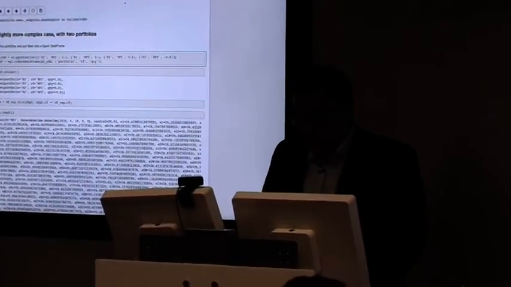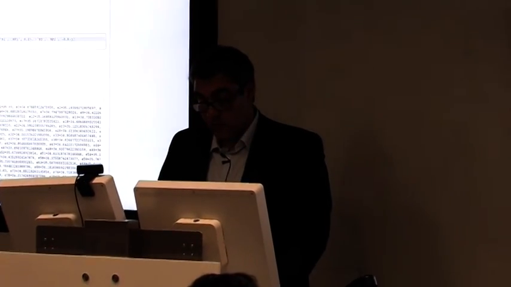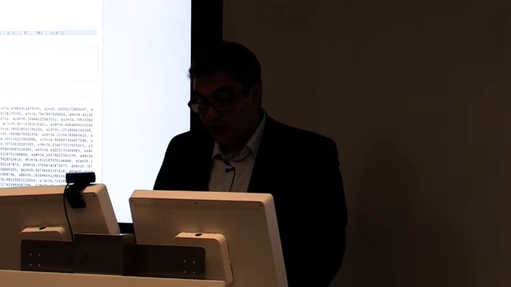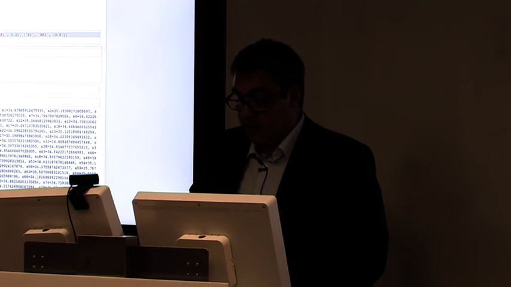Then I try a slightly more complicated case. I'm defining a portfolio, which consists of a risk factor ID, a quantity, and a portfolio ID. And I'm going to do the same exercise.